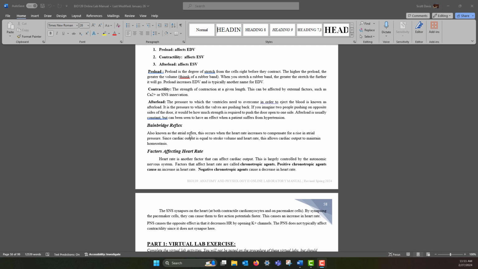This happens when there is a sudden increase in venous return, the amount of blood coming back to the heart. When more blood is coming back to the heart from the body, then there's going to be more blood going into the right atrium.